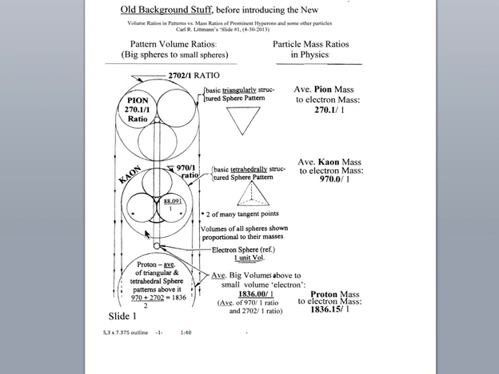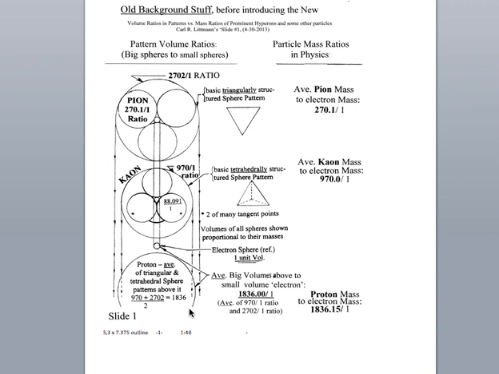That average volume ratio comes to 1836.0021 and is represented by the big sphere at the bottom of the page relative to the very small sphere shown just above it.